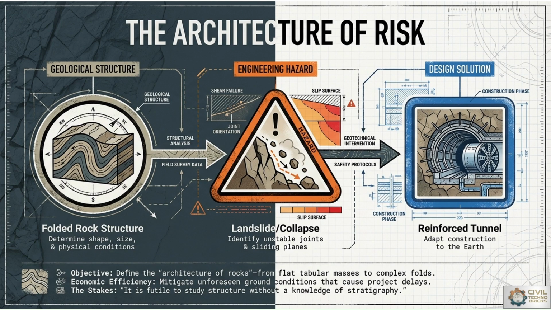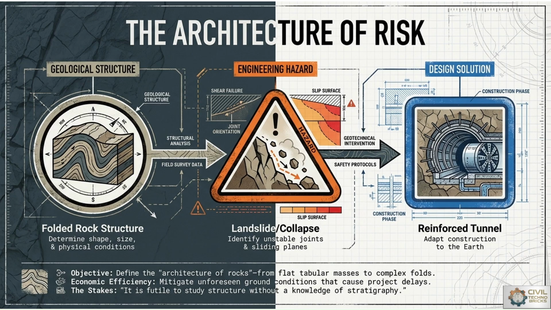Geological subsurface exploration depends on three conditions. What are they? Geological structure, engineering hazard, design solution. Folded rock structure explains the shape, size, and physical conditions of existing rock with reference to its orientation.